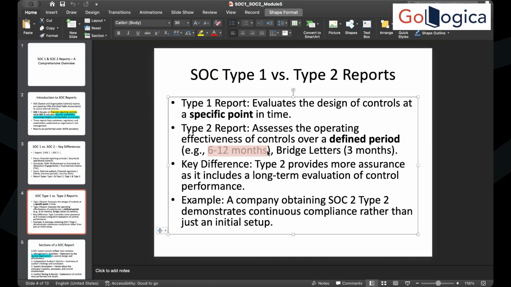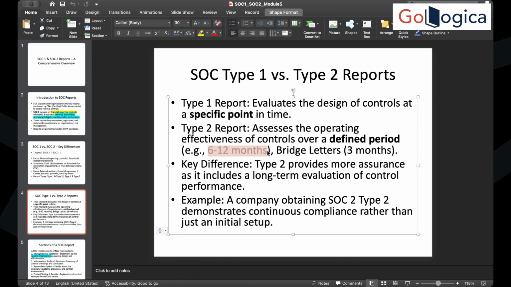So this would give my customer the confidence that the controls in my system on my products were working fine throughout the year. It's not that they were working fine on a single day. They were working fine for 12 months. What better can they ask for, right?